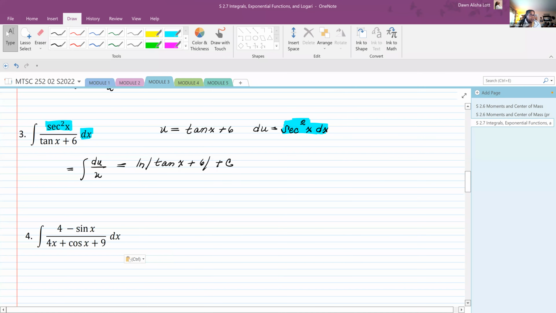Okay, let's do this next one. Is u 4x plus cosine of x plus 9? Yes. du.